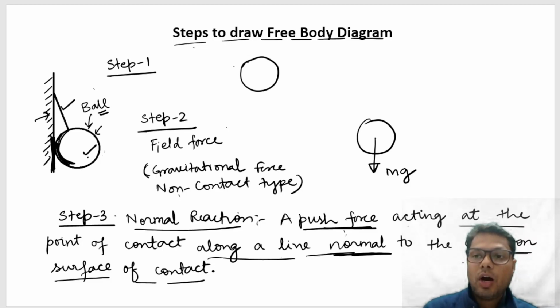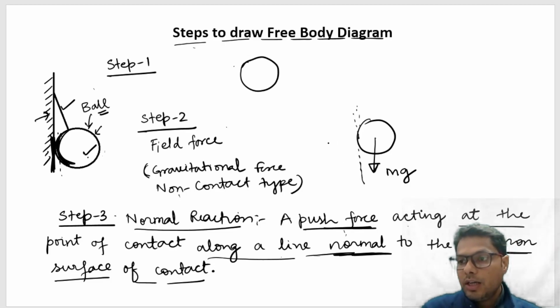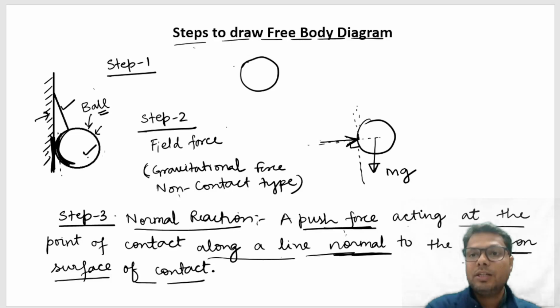If you draw a common tangent between the two surfaces, you will get a vertical line like this. This will be the common surface of contact. Now draw a line normal to this common surface of contact. Normal reaction will act along this line. A push force acting along this line at the point of contact will be the normal reaction.